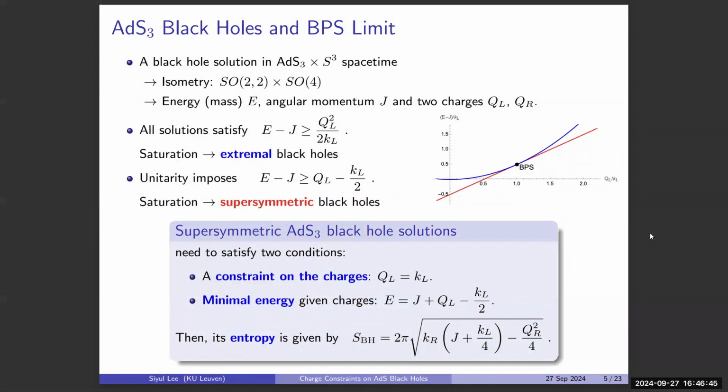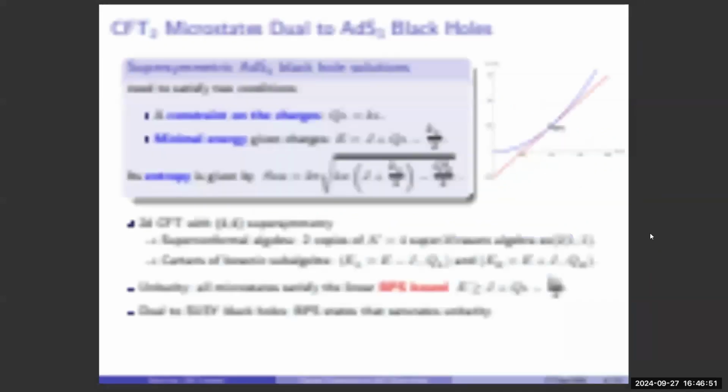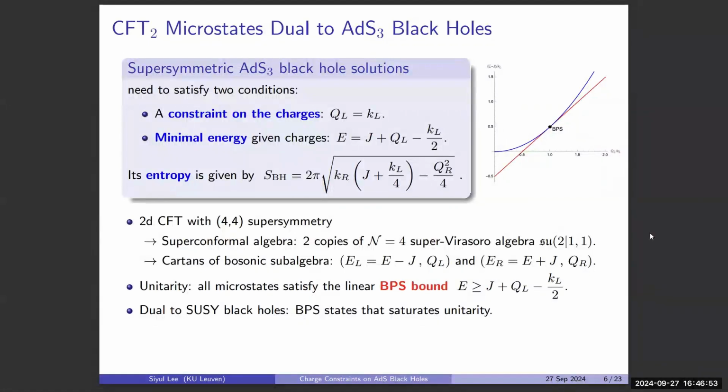So these three properties are what we want to see from the field theory side by the AdS/CFT duality. To do that, of course, I will have to introduce the CFT dual to this black hole. The dual CFT is a two-dimensional CFT with (4,4) supersymmetry. Its superconformal algebra is two copies of the small N=4 superconformal algebra, which is SU(2|1,1).